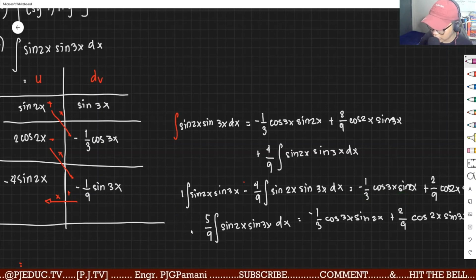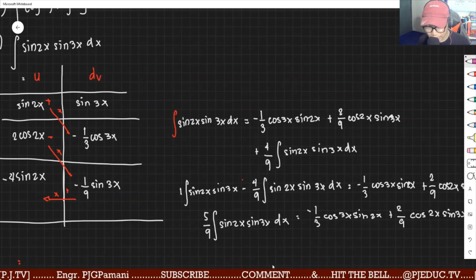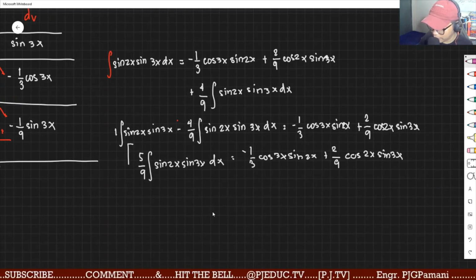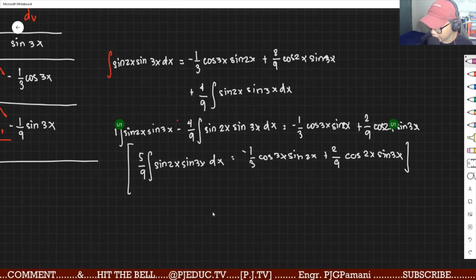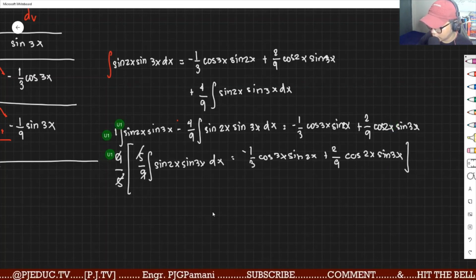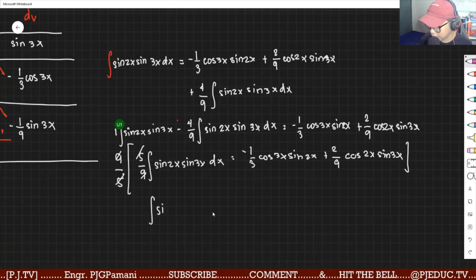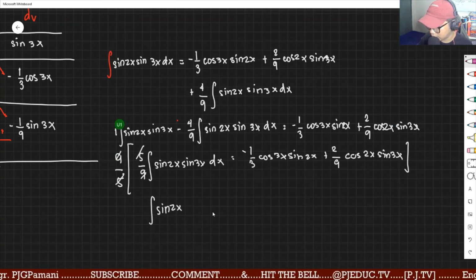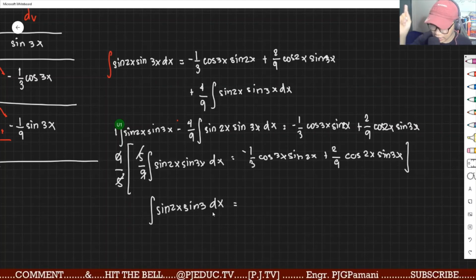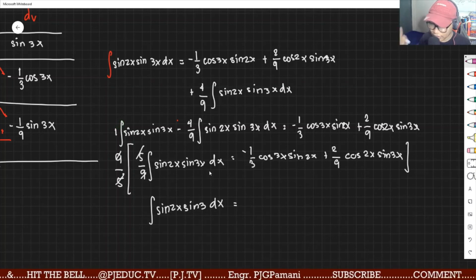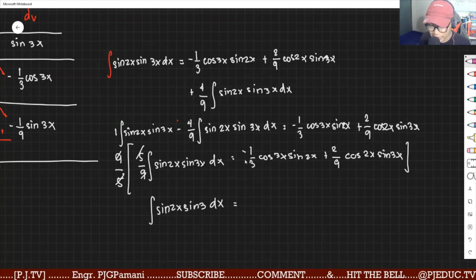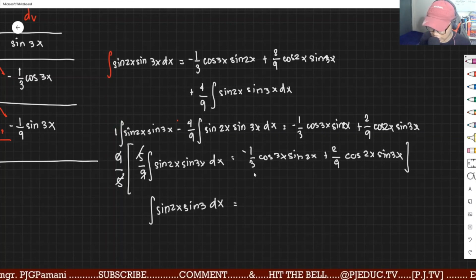Ngayon, para bumalik tayo sa original problem, anong gagawin? Multiply both sides with 9 over 5. Cancel na yan. So simply, the original problem, integral of sine 2x and sine 3x dx, is equal now to 9/5 times negative 1/3, which is negative 9 over 15.